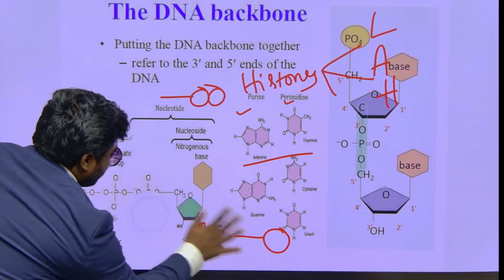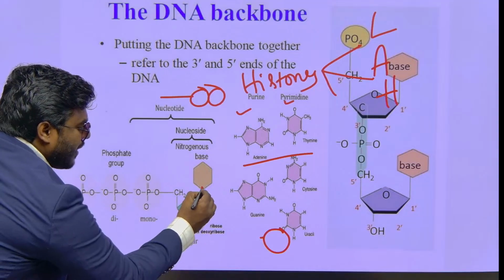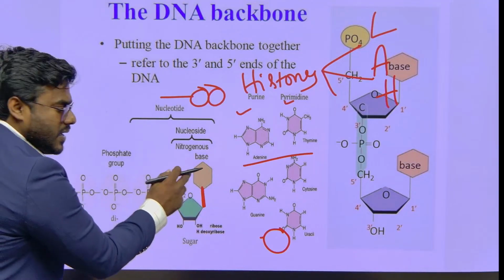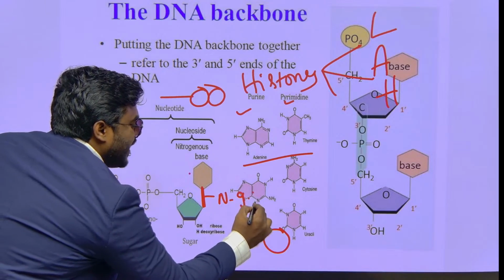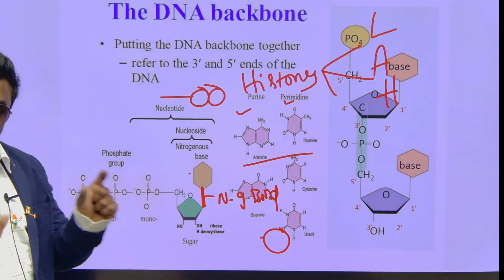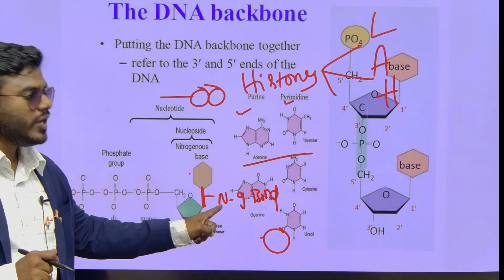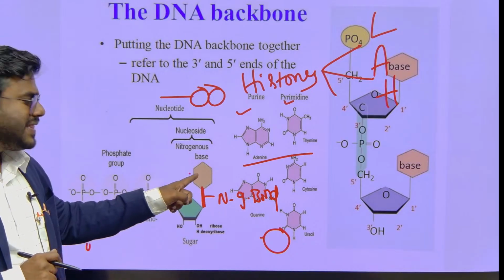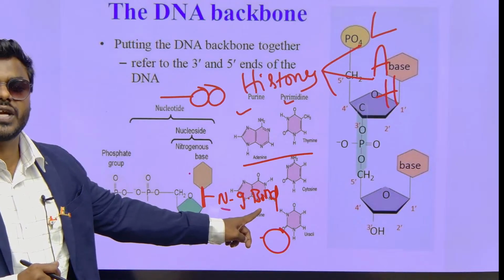In other words, friends, the bond between sugar and base is called what bond? N-glycosidic bond. We use the word glycosidic, meaning whichever is connected to the sugar, it is glycosidic. Why do we use the word N? Because in the base it connects to the nitrogen atom. That's why we call it N-glycosidic bond.